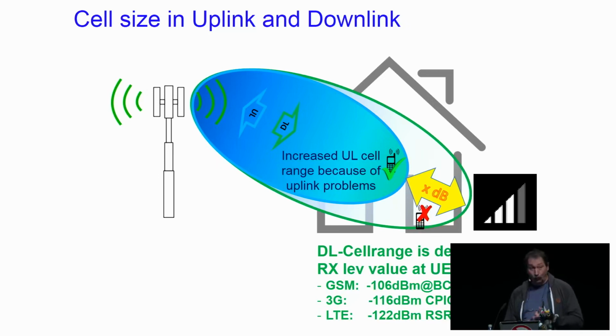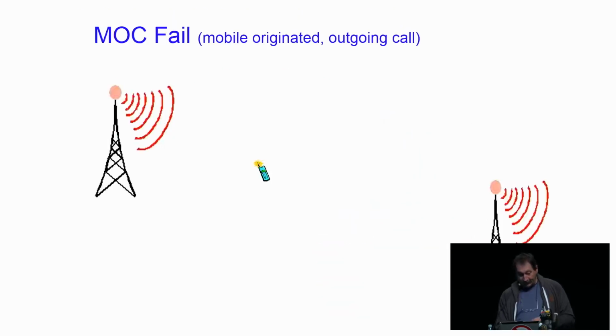And the cell phone tower may receive different noise and other interferences, which maybe my mobile phone does not see because it's not that high. We can calculate the value of the downlink versus uplink, and usually it's not exactly the same.